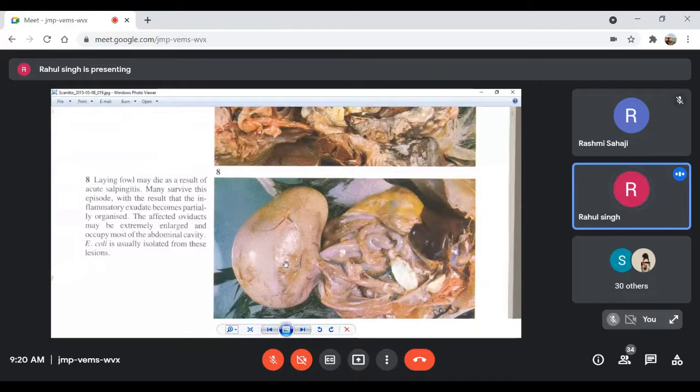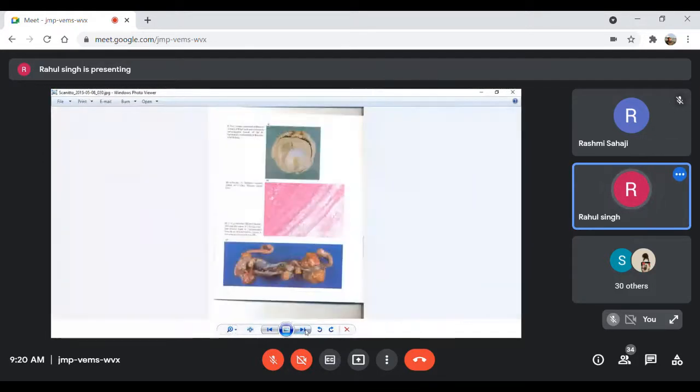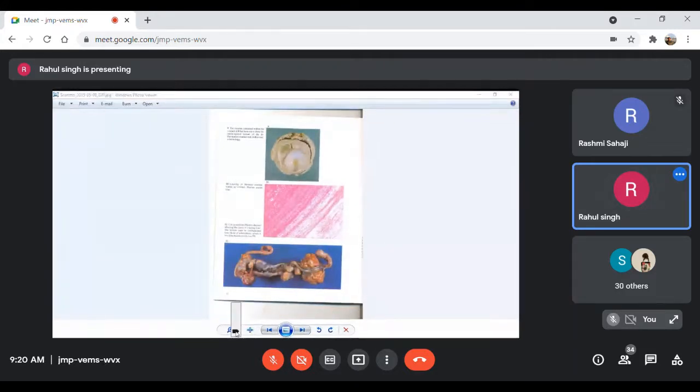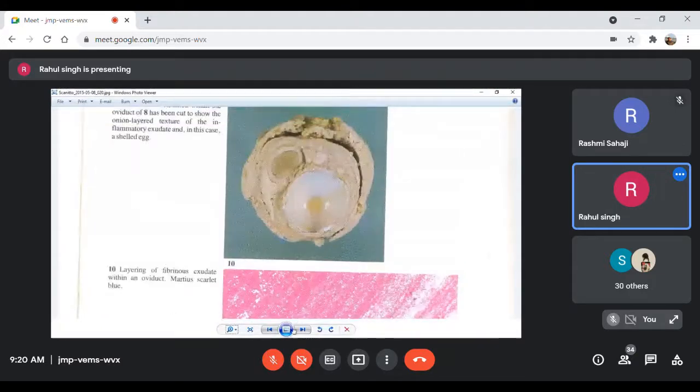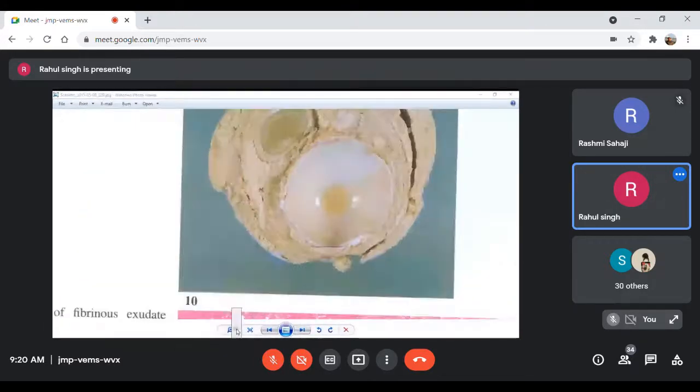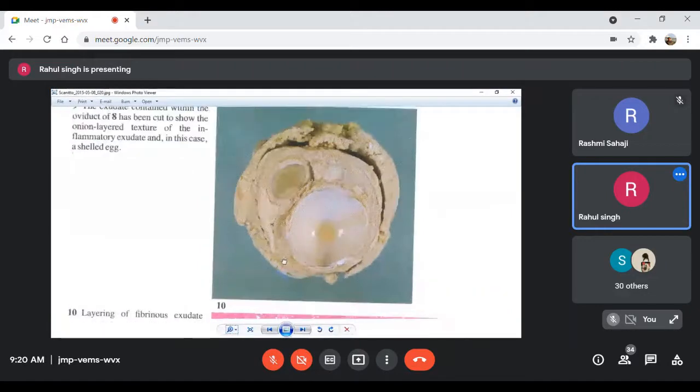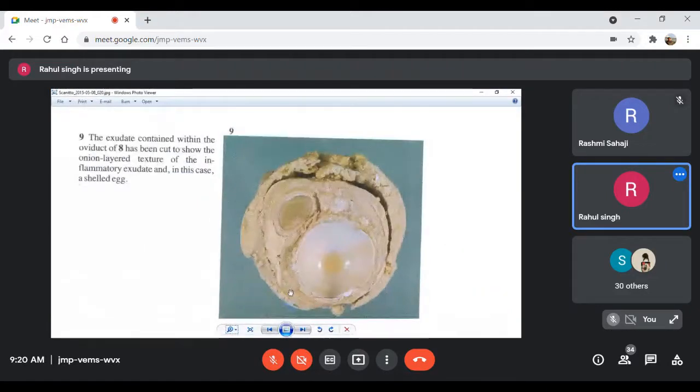And this will ultimately not allow the bird to live for long, because it will cause severe disturbances. Now, if I cut it open and see from inside, it will appear like this.